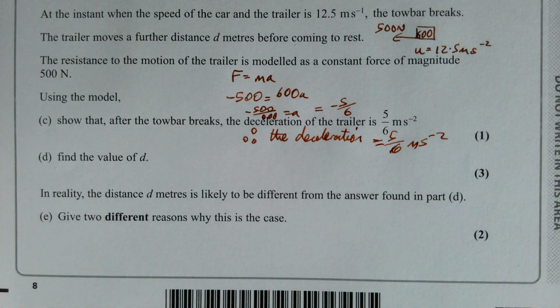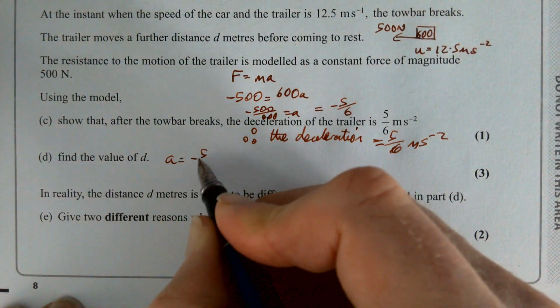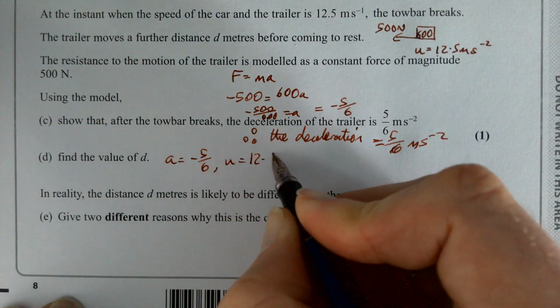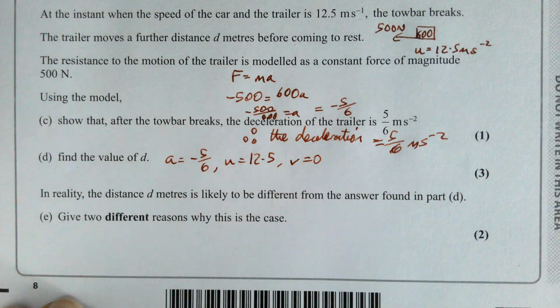Then finding the value of d, so that's the distance that it goes by the time it comes to rest. So we're going to be having the acceleration being minus 5/6. We've got the initial velocity being 12.5, and the final velocity being 0.